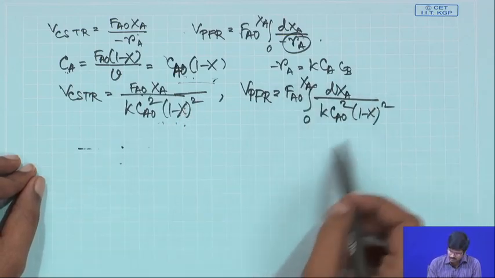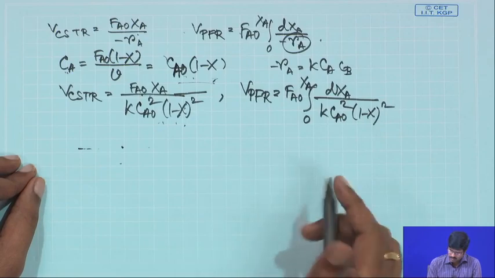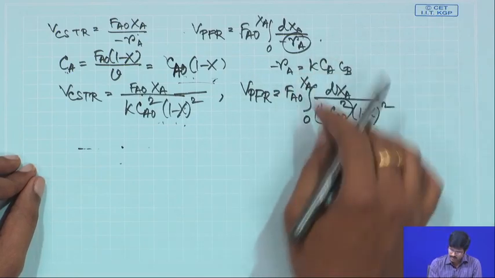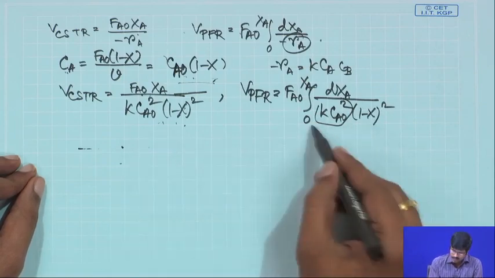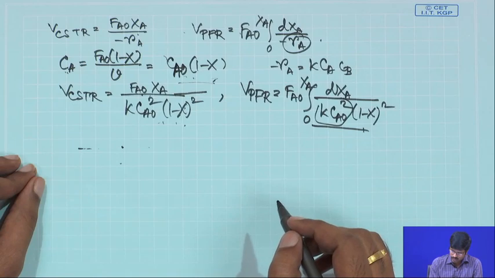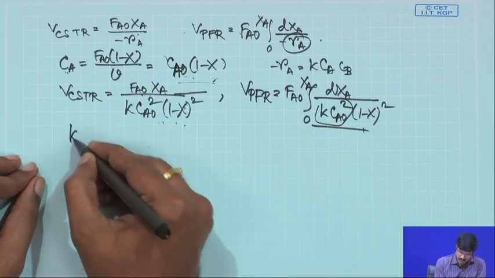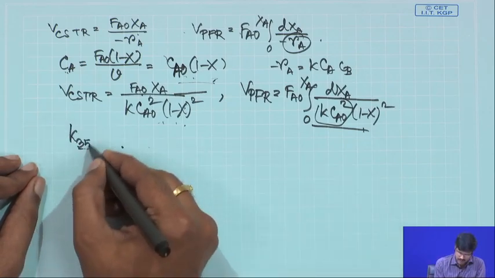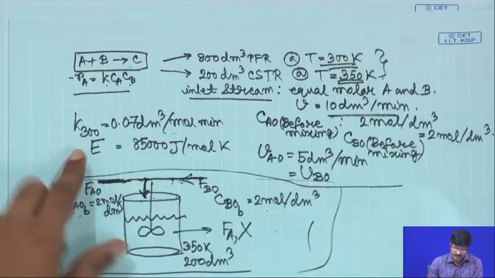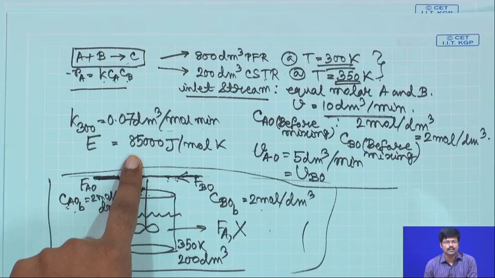Now, this K Ca0 square is constant, so they come out, and so on and so forth. What is the value of small k at 350? Now, remember, the value of small k at 300 is given, rate constant at 300 is given, and the energy of activation is also given.